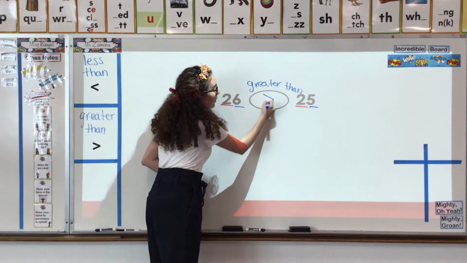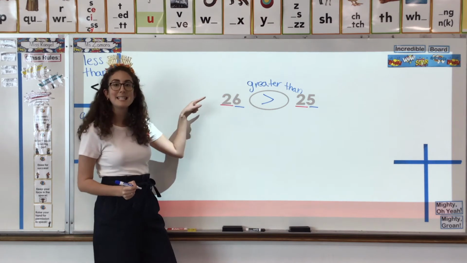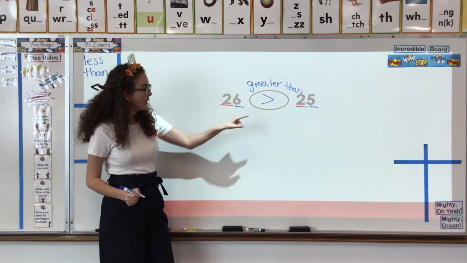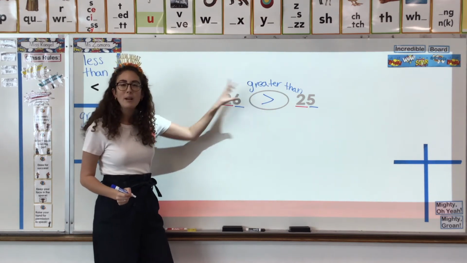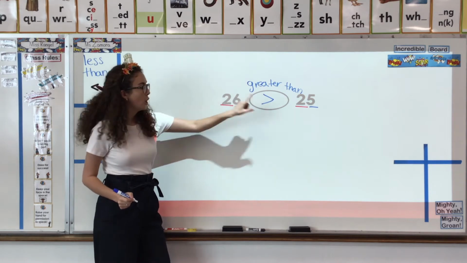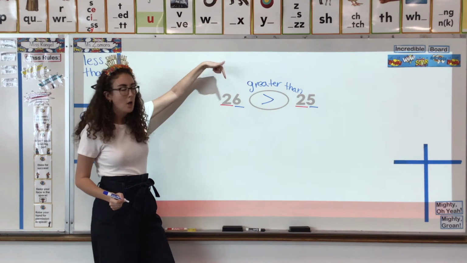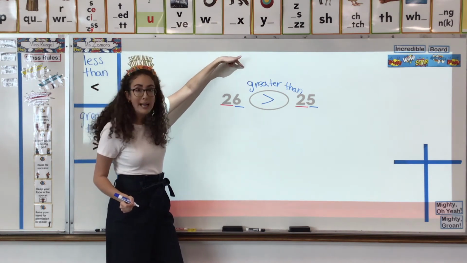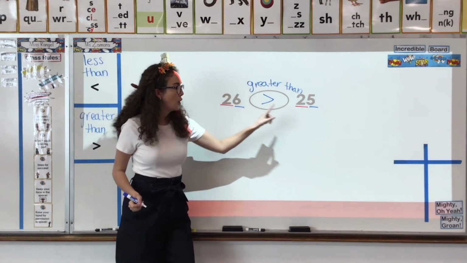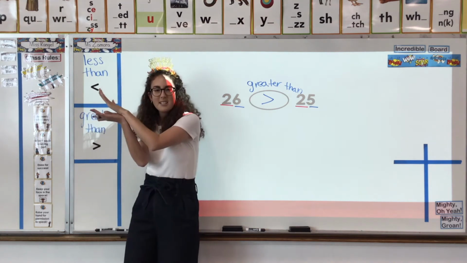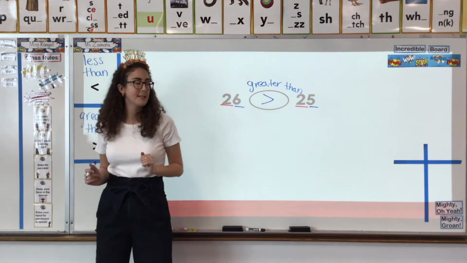It's going to be going towards 26 because remember, the opening always faces the bigger number. So in greater than, that's this first number. 26 is greater than 25. So we have to open our symbol towards 26.